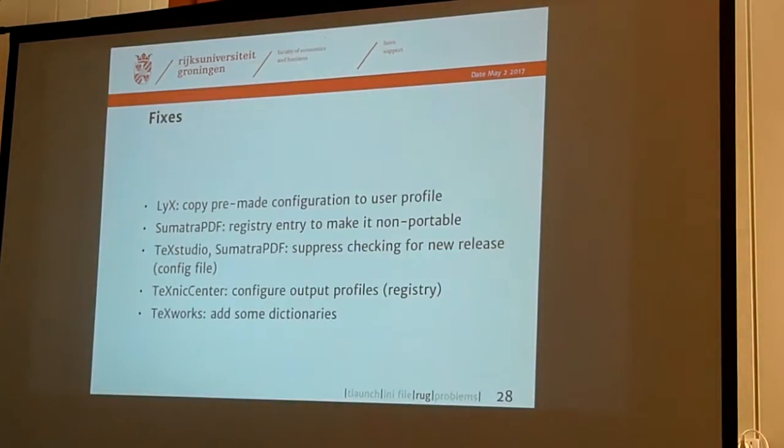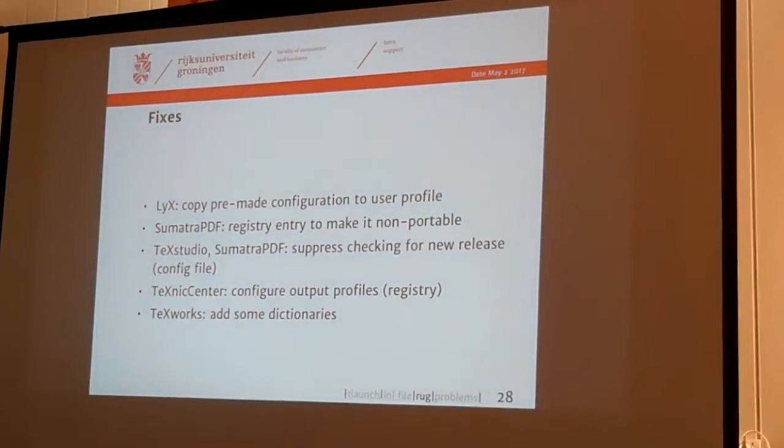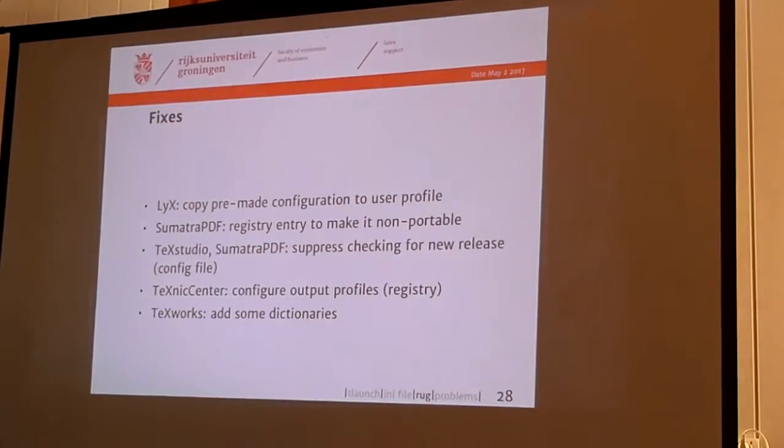For instance, when LaTeX starts up for the first time, it spends minutes to figure out what's on the system and what of these things it can use. So to speed that up, I copy the pre-made configuration to the user's directory, and then it starts up in a more normal time.